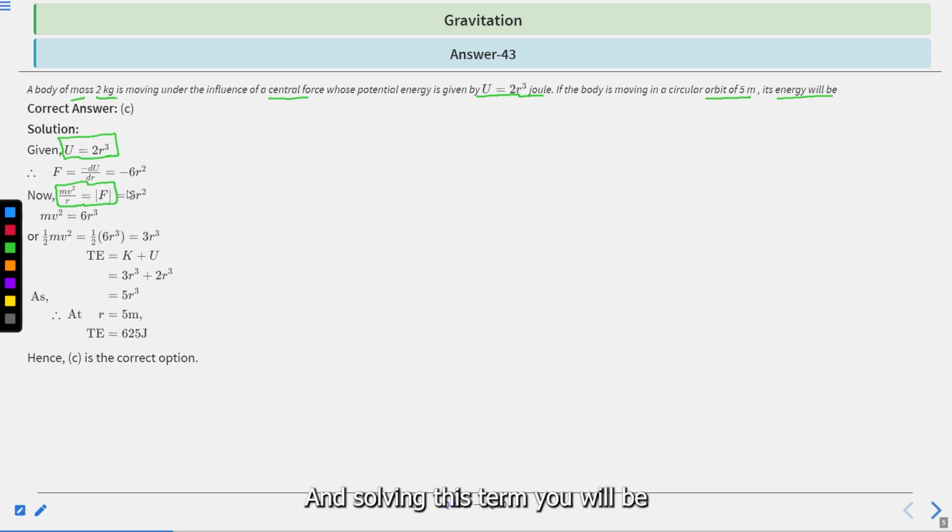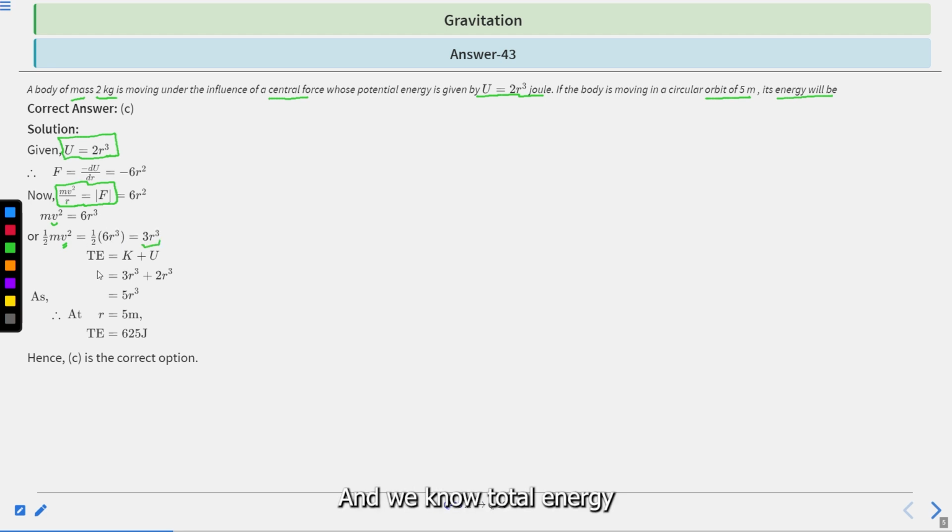Solving this, mv square becomes 6r cube. So half mv square is half of 6r cube, and solving this expression we get 3r cube.